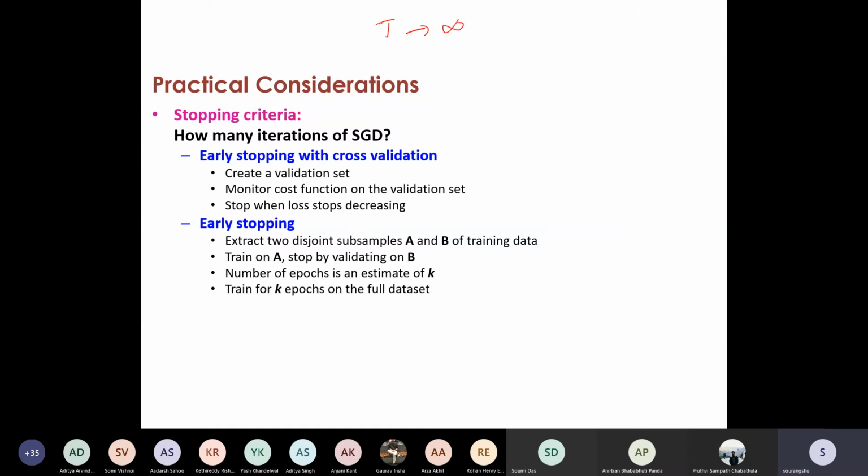In practice, you can run it till a large number, say 1000 epochs, or maybe 1 million updates. Let's say each update takes a microsecond or so, so you will take 10 or 100 or 1000 seconds.